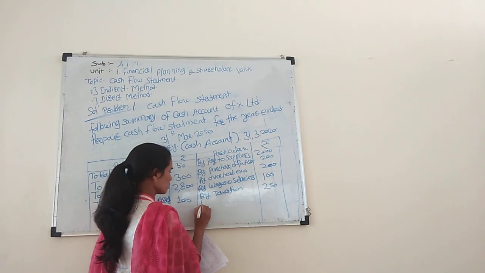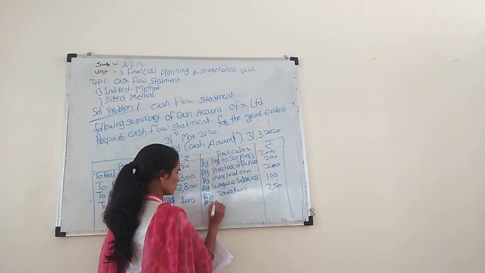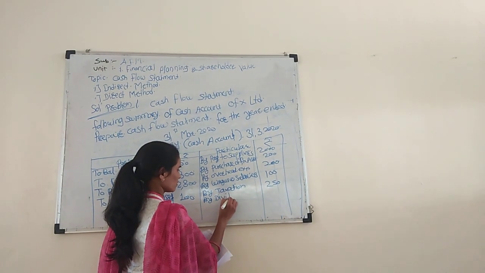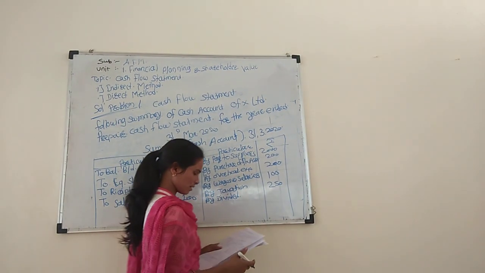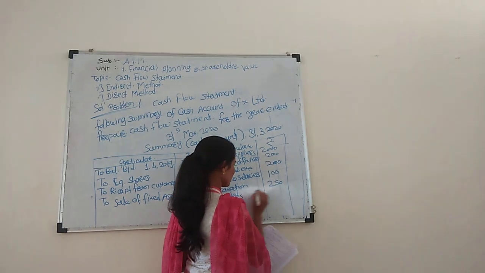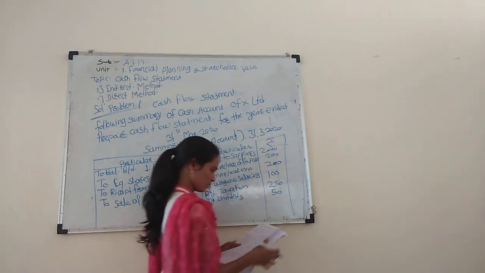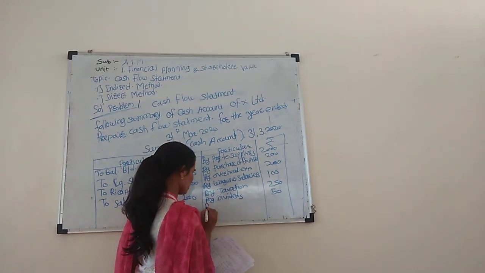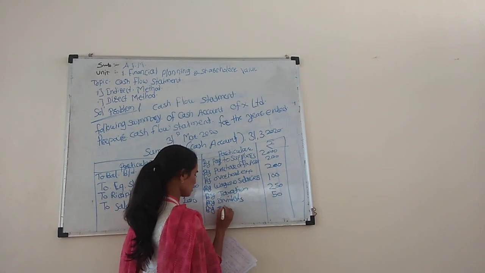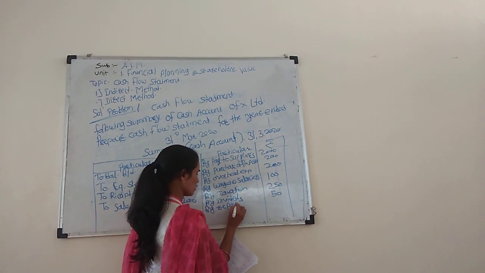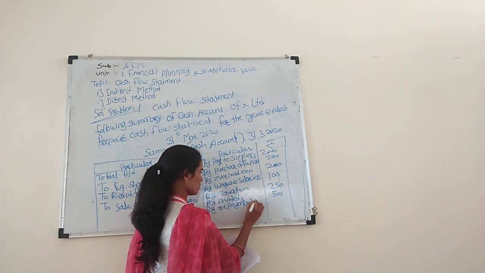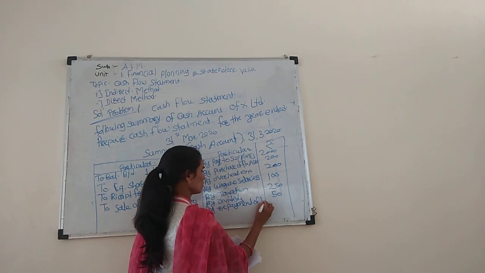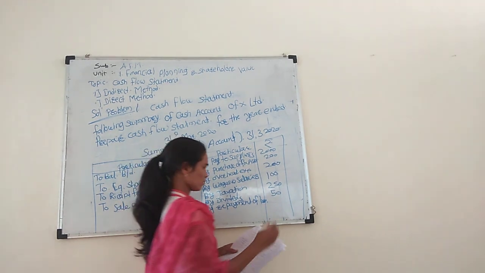By dividend: 50. By repayment of loan: 300.